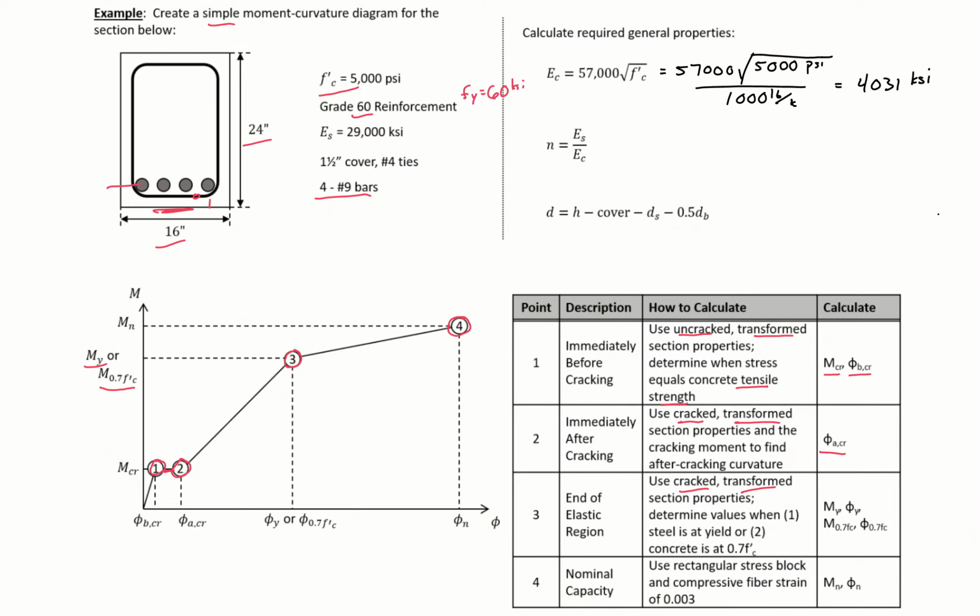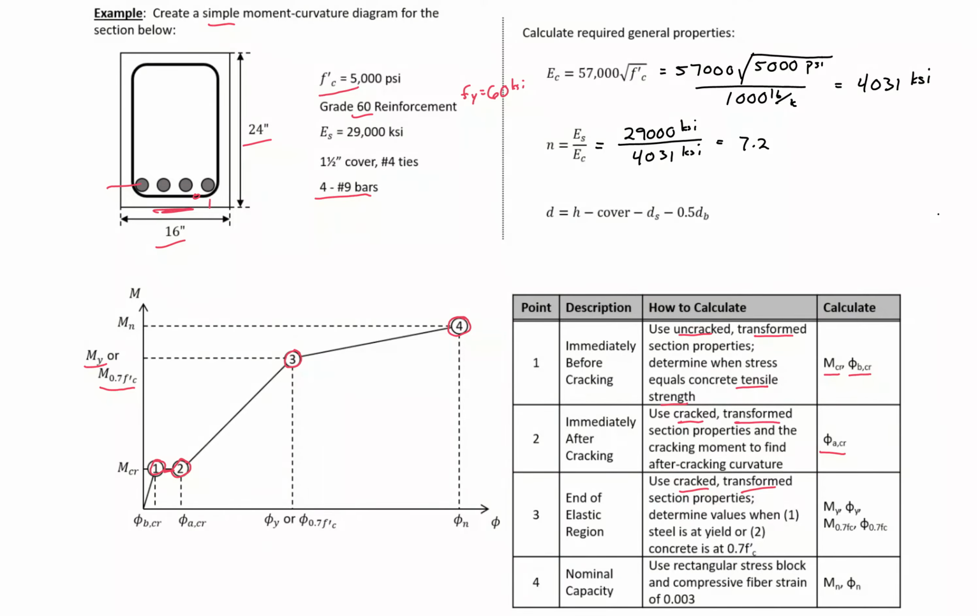The next value we'll calculate is our modular ratio, which is the way that we transform our steel into an equivalent concrete area. So here, our modular ratio is 29,000 divided by 4,031 ksi, which will give us a value of 7.2.